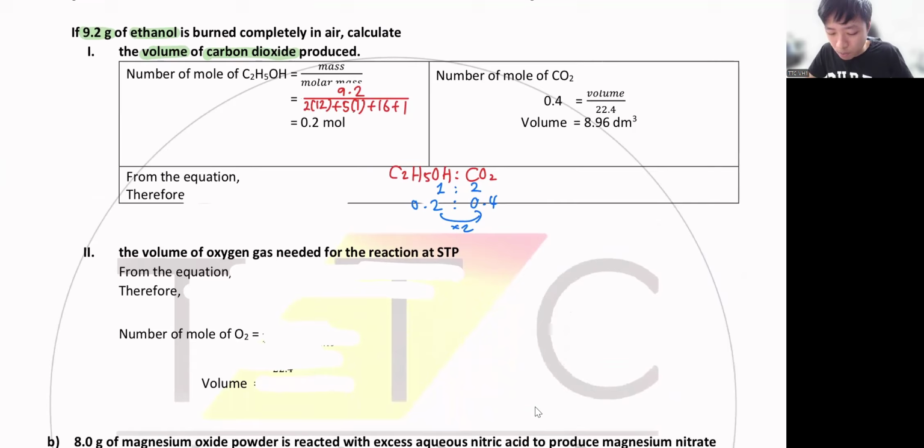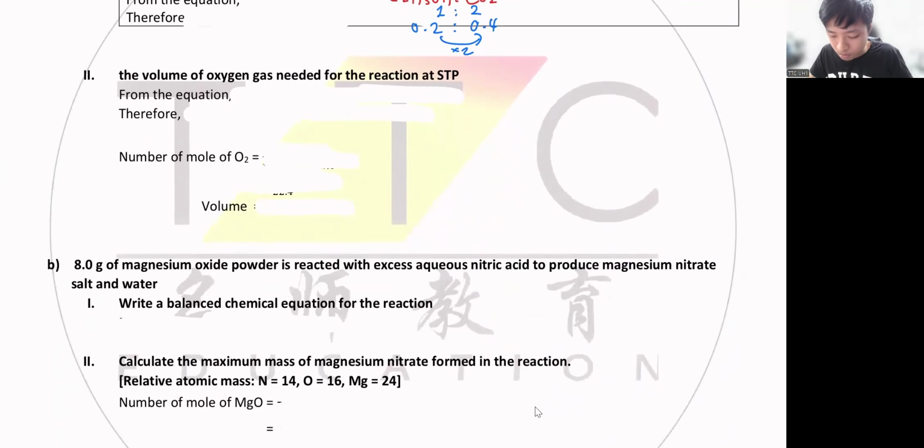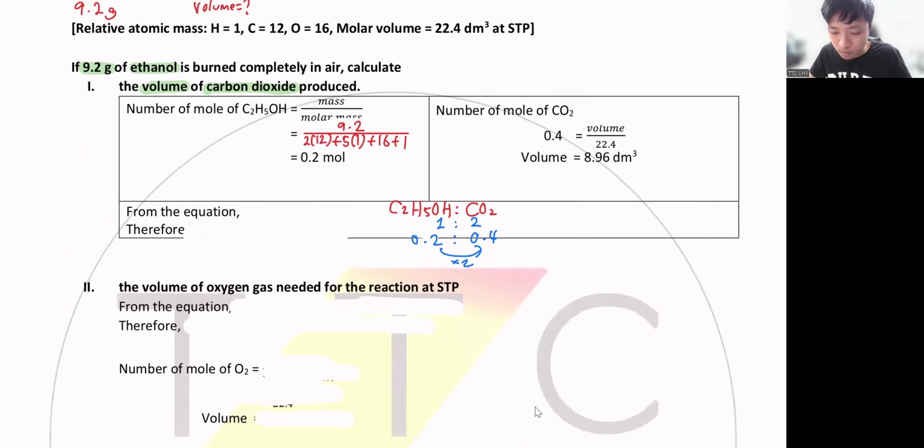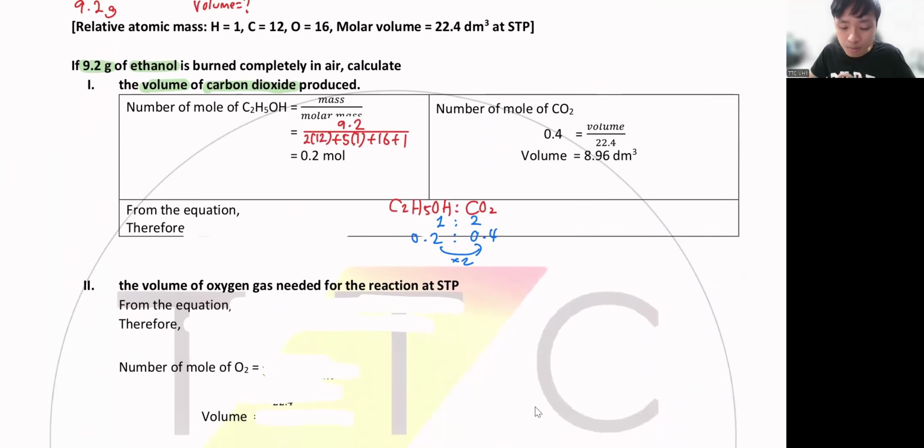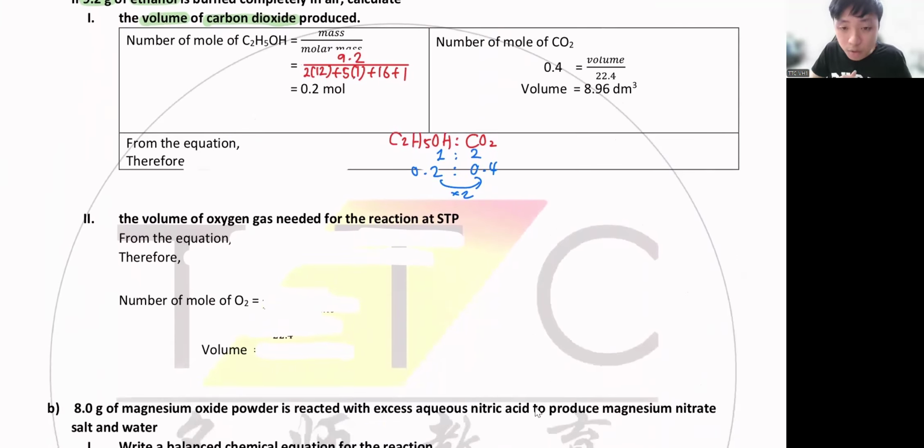So you get 8.96 dm cube, right? dm cube unit.